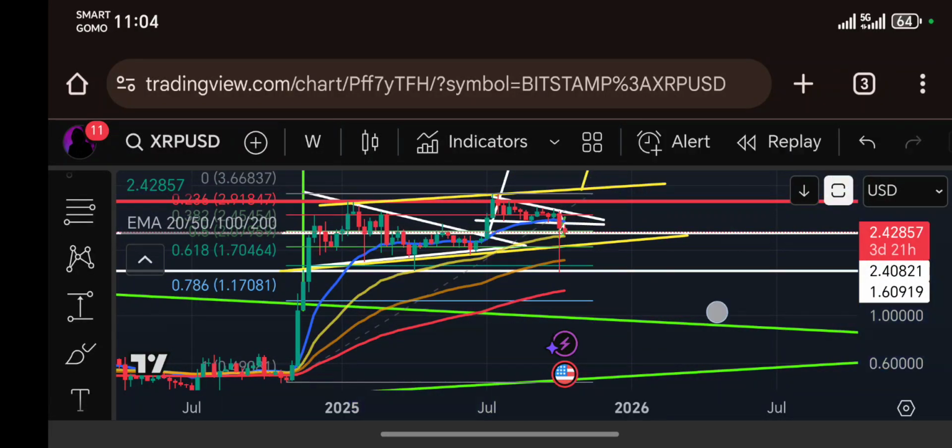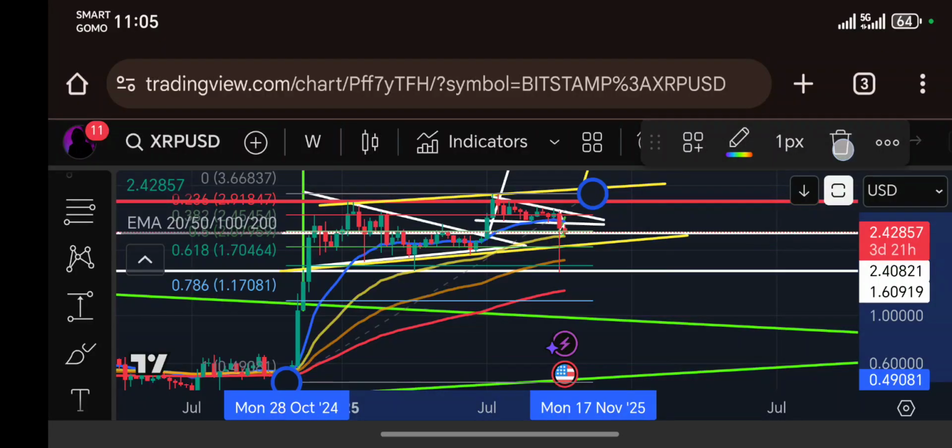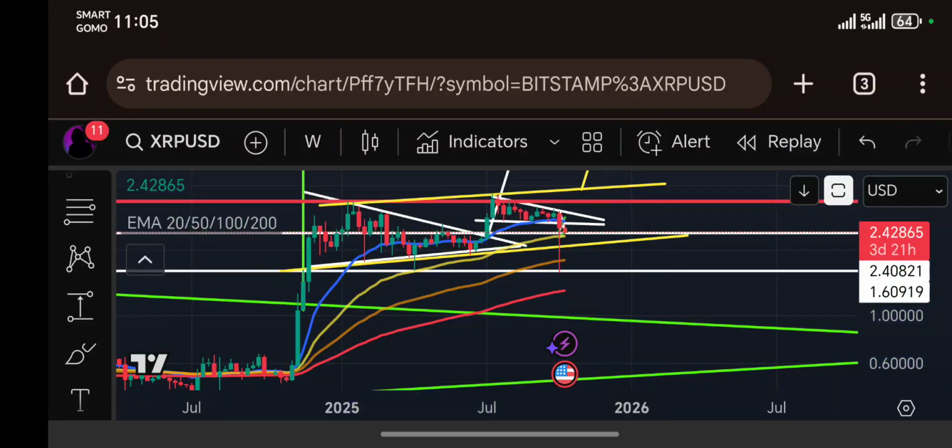As you can see, we bounce exactly at your 0.618. So XRP did the same thing in its past chart, in a past cycle. So there's nothing new here. There's nothing to panic.